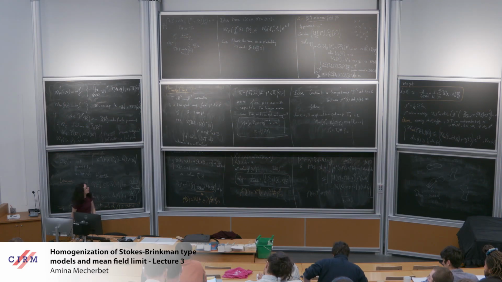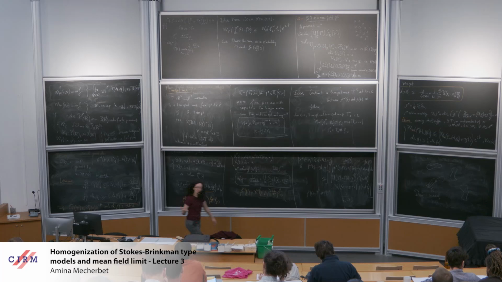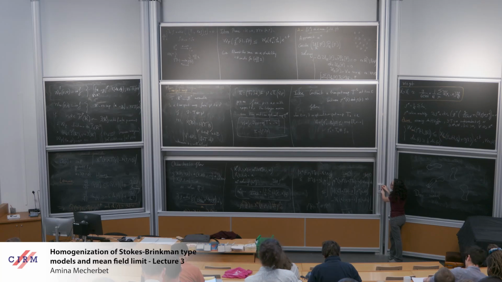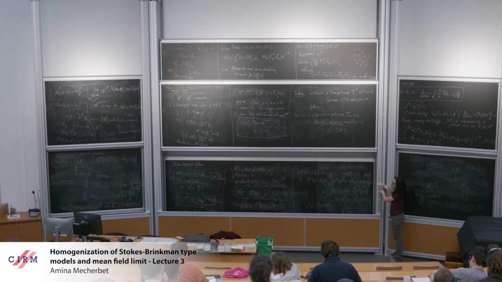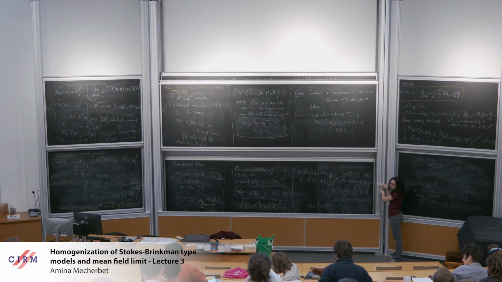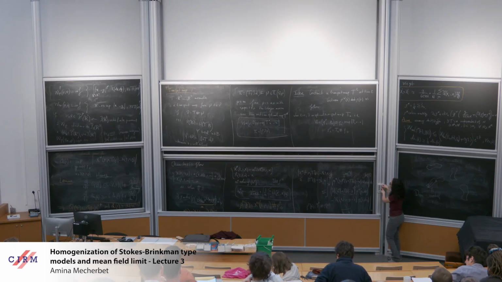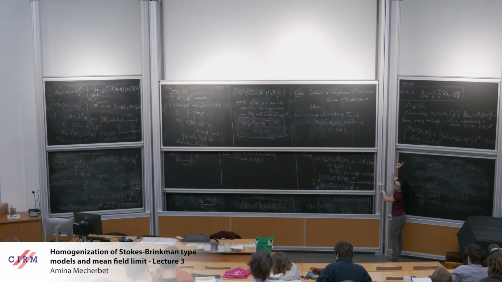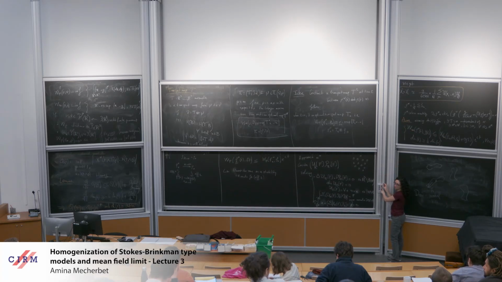Okay, I erased the system, but maybe I can use the slides. The velocity of the particle is dictated by the drag force coming from the fluid, and the particles interact between them. As you can see through this system, there is the kernel, which shows you that there is interaction between them, right?